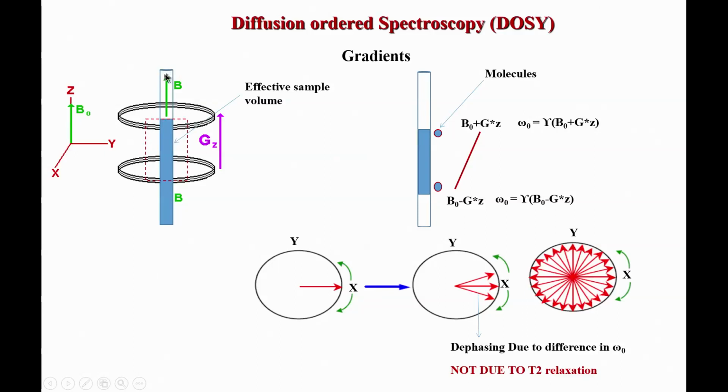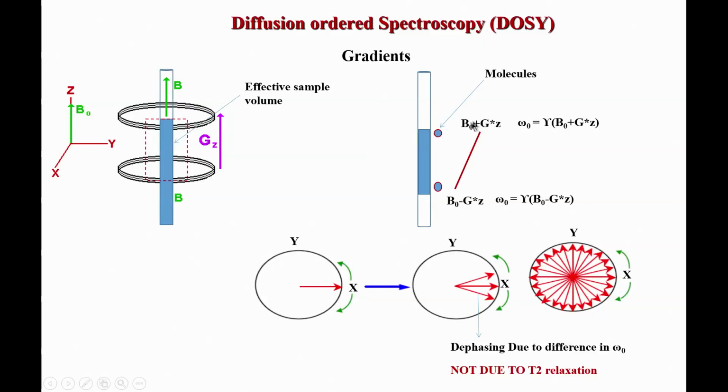Suppose your tube is 5 mm in diameter and you have a 5 mm probe, then the actual volume of the sample which is effectively seen by the probe is about 300 microliters, whereas you take about 600 microliters in your NMR tube. So, half the sample is essentially not visible to the NMR spectrometer or to the coil, but that is not the important point here. The point here is that this effective volume is essentially the volume which is seen by the RF coil and the gradients.